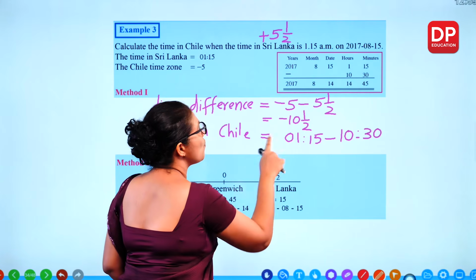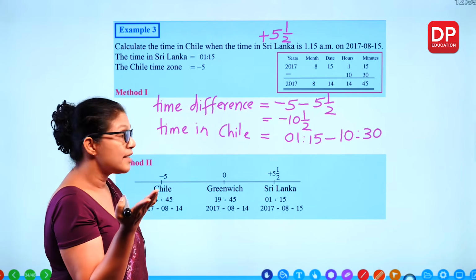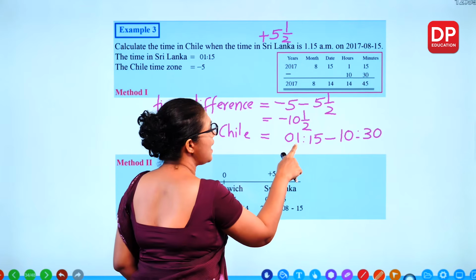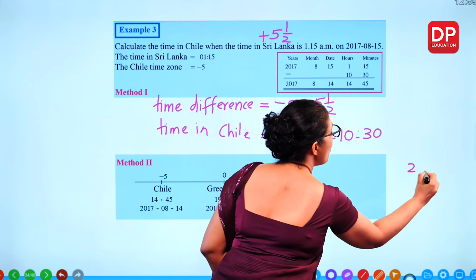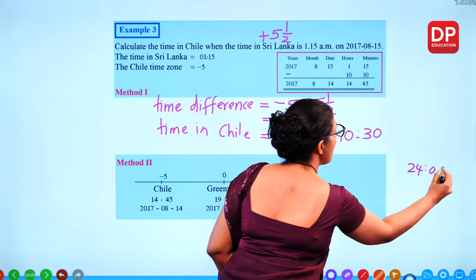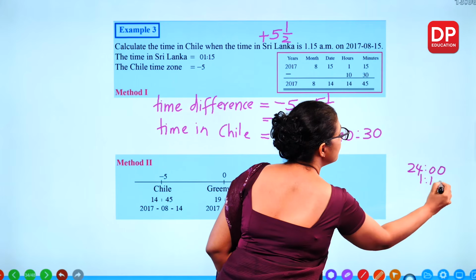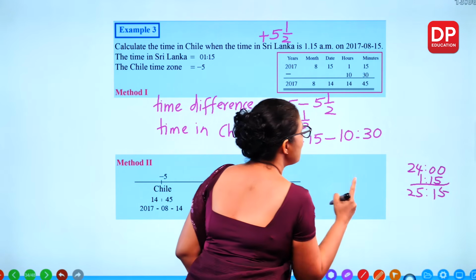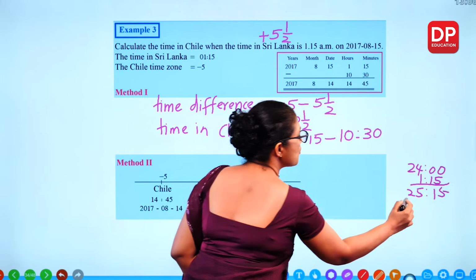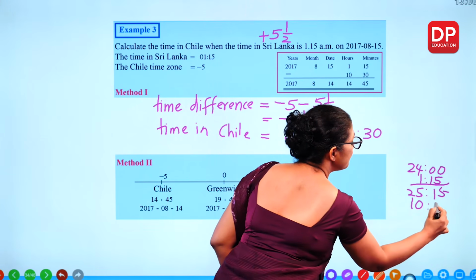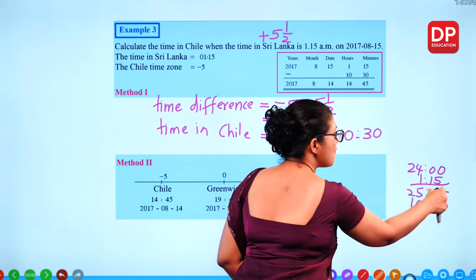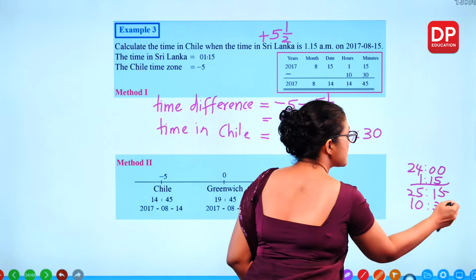So we can write 1:15 in standard form. So we'll add 24 to that. 24 plus 1:15, you get 25:15. Now we can subtract 10:30 from that. So here you need 60 from that. 75 minus 30.